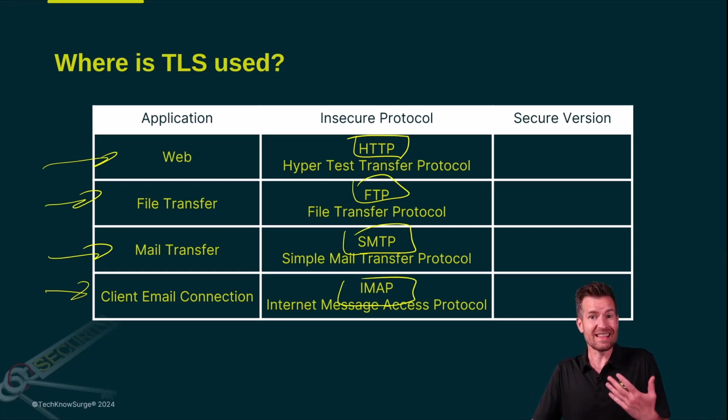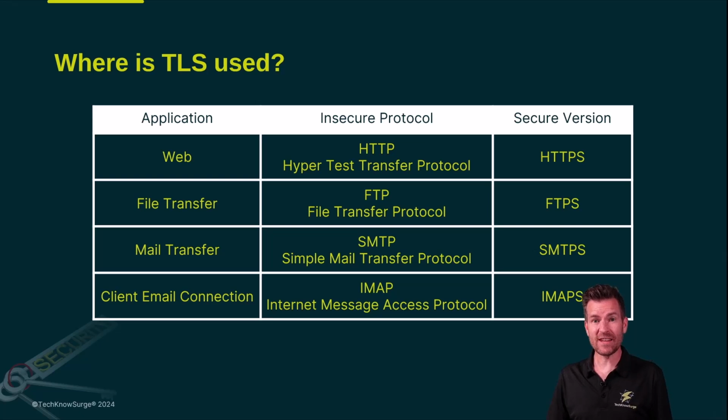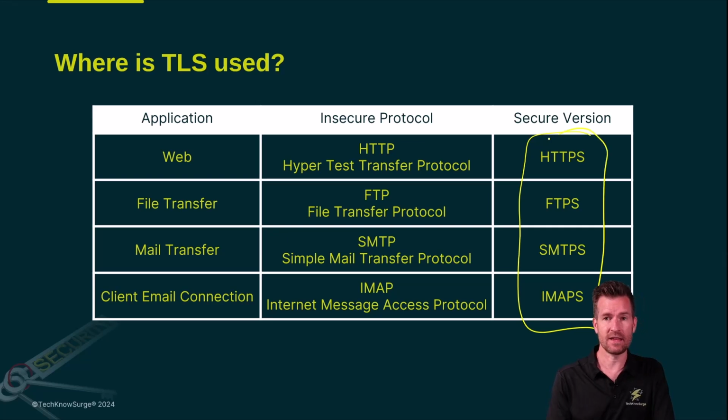So these are the insecure protocols that we used for communication that would just communicate in clear text. What we've done is we've taken SSL and incorporated it into these protocols to create the secure version of these protocols, like HTTPS, FTPS, and SMTPS.